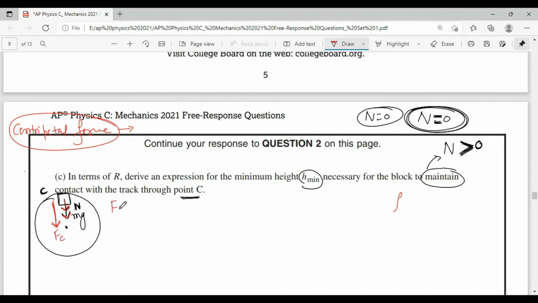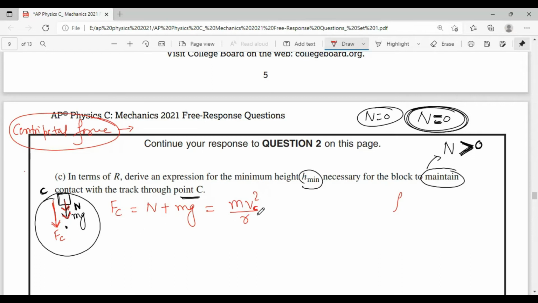So here Fc is equal to N plus mg, and that should be equal to the centripetal force, that is mv square upon r, right? So what is the v? Velocity at point C. Whatever the velocity at point C will be.